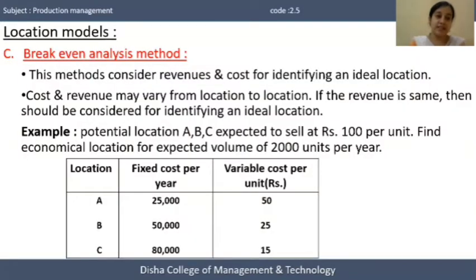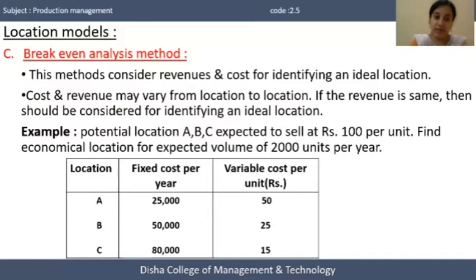Next, I will discuss another method or model for identifying a good location, that is the break-even analysis method. If an industrialist is unable to identify a good location by using point rating or factor rating, then the industrialist uses the break-even analysis method for identifying a good location. Generally, this method considers revenue and cost for identifying a good location.